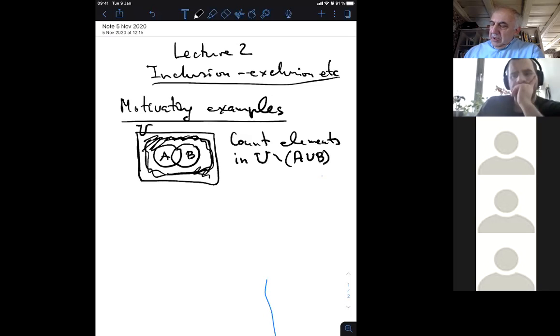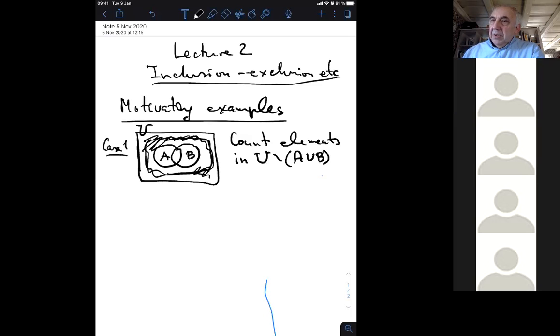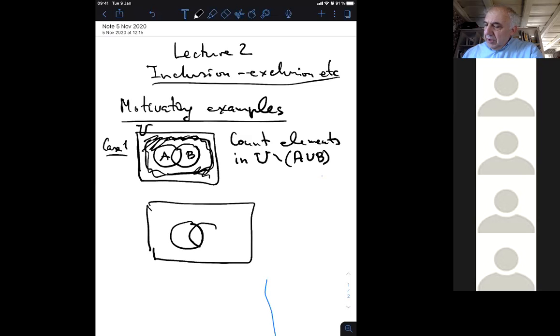A more complicated example would be if we have three sets: this is our U, the total set, and we have A, B, and C all overlapping with each other.